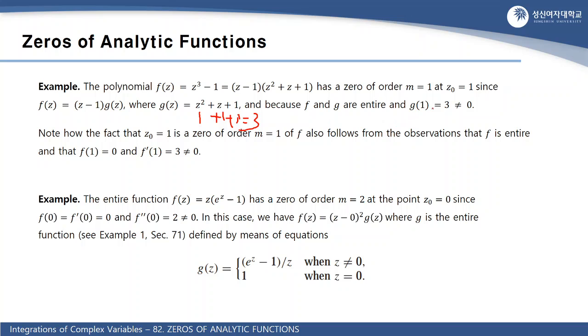So g(1) is equal to 3, which is non-zero. So by the theorem, f(z) has a zero of order 1 at z₀ = 1.